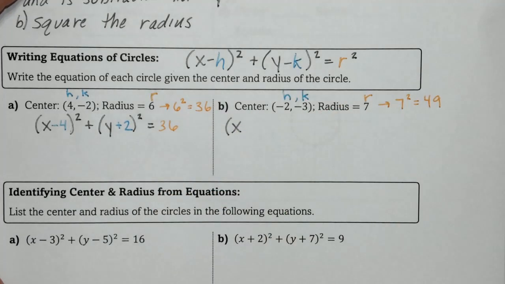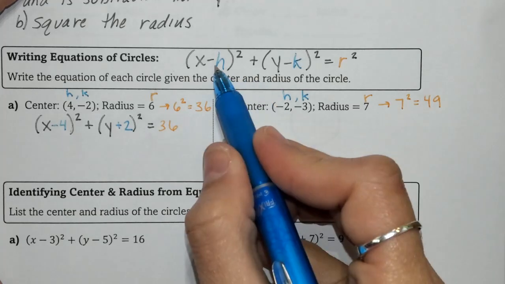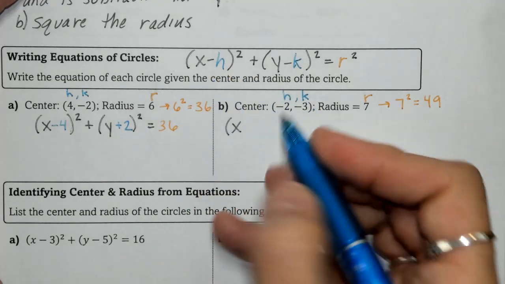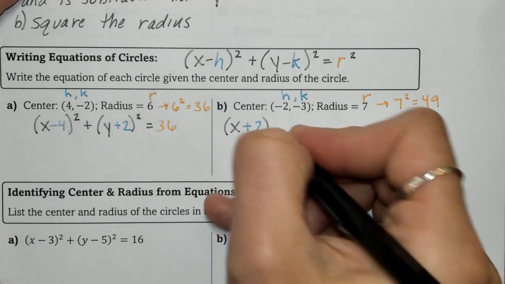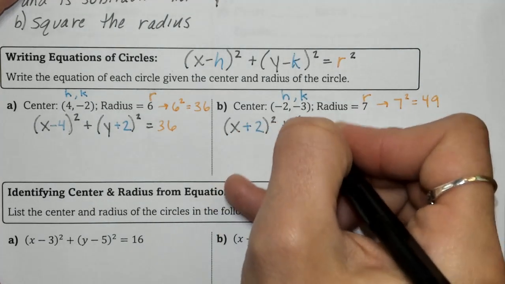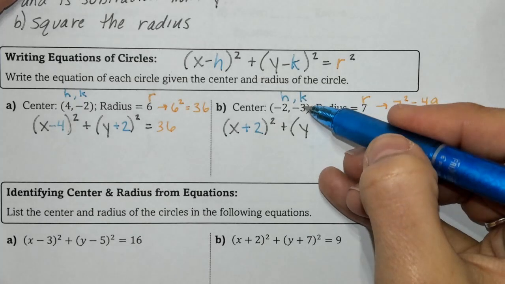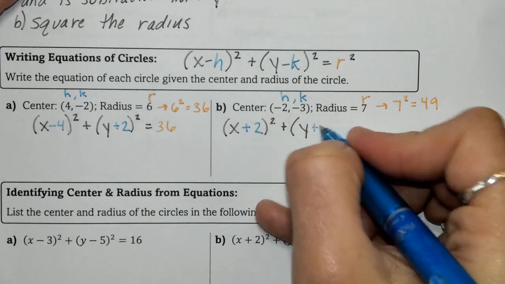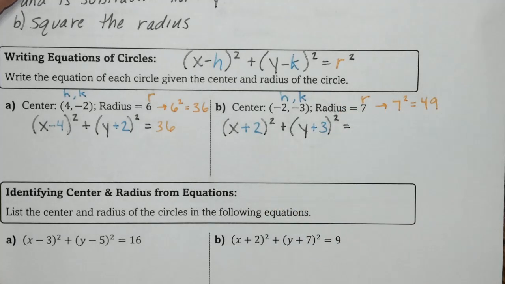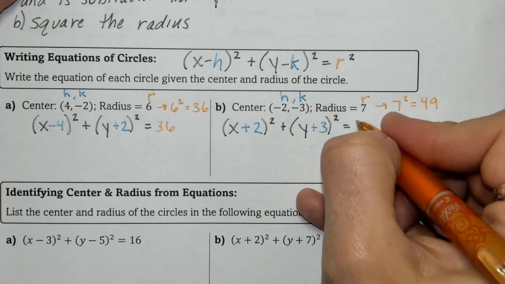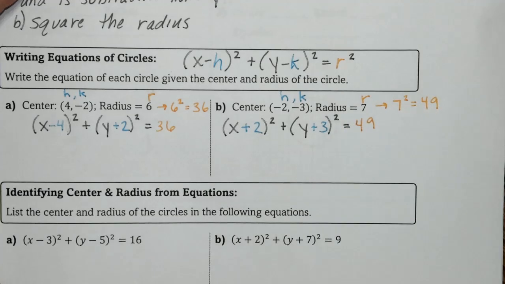X, we want minus the x. Well, change the sign. Now we want a plus 2 squared, plus y, change the sign of k to a plus 3 squared. And then we've already figured out what our radius squared is, 49, and there's our equation.